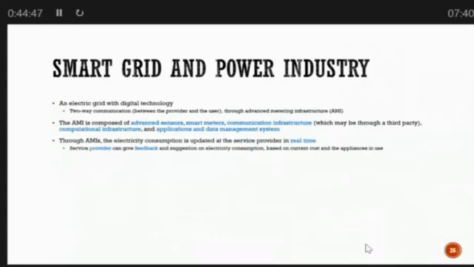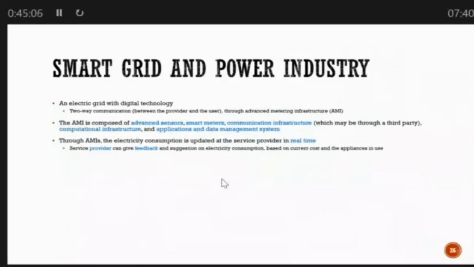What else? AMI would be able to get the data from you and send the data in real time to your service provider. So what's the benefit in that? The benefit is that the service provider is going to give you feedback and suggestions based on your usage, based on your appliances, based on the current time of the use.